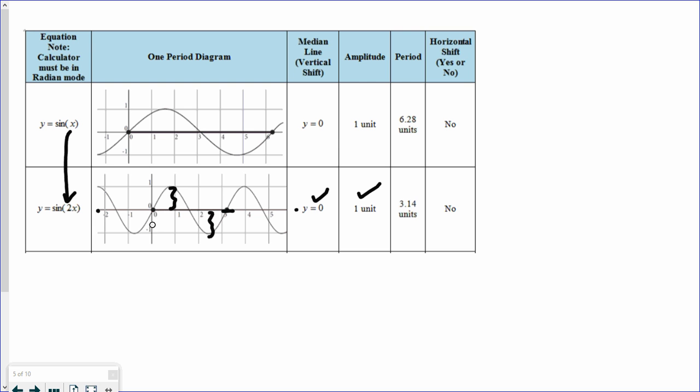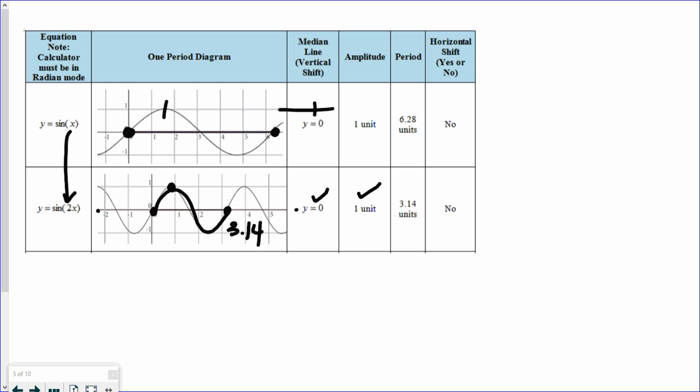So I guess I should just use my hand. Here, from one starting point to the next, we said was 6.28, or you could have done from one maximum to your next maximum, 6.28. Now what we have, from one starting point to where it repeats itself, is actually 3.14.